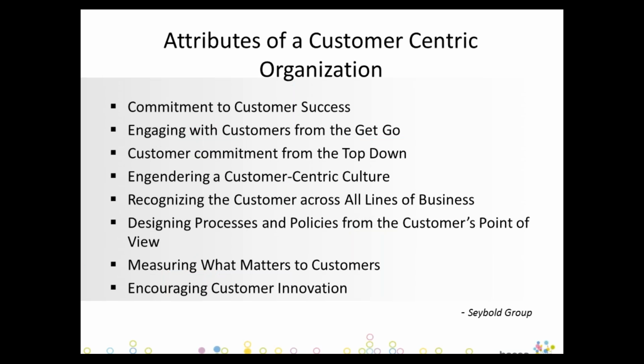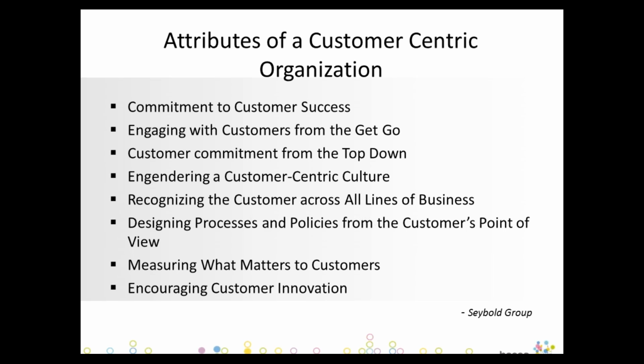Now, let's look at what would constitute a successful customer-centric organization. So obviously, these are the 8 attributes that CBOL Group says would constitute a customer-centric organization. I won't read out all of them, but essentially, what it means is, your entire organization has to be focused around the customer.